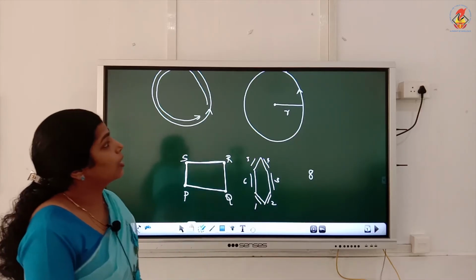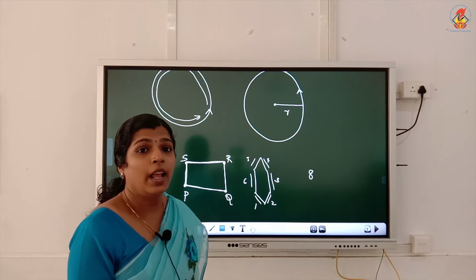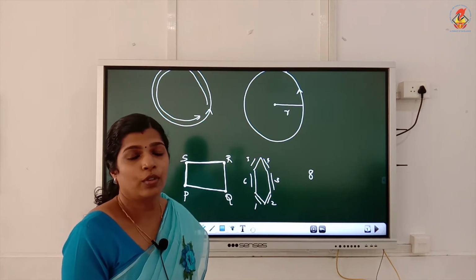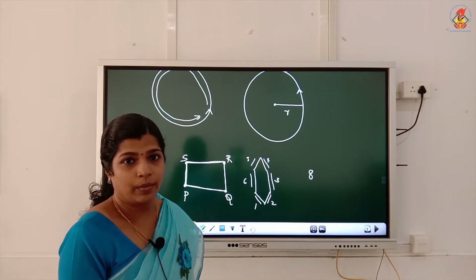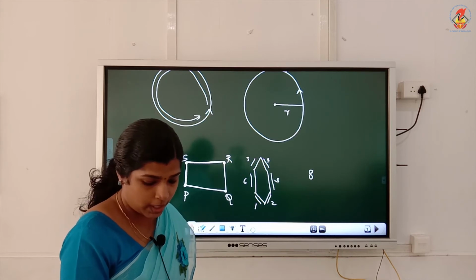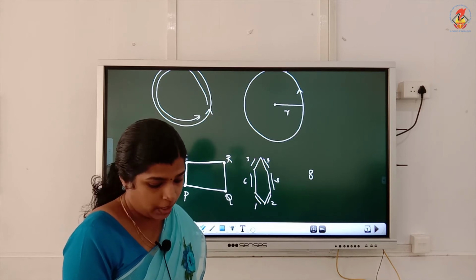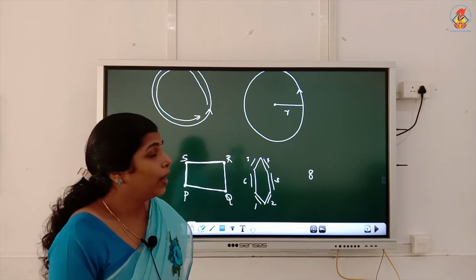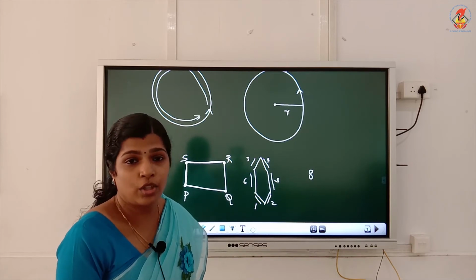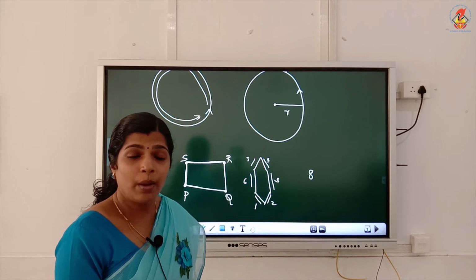So a circle can be considered as made up of n number of points, and the particle will change the direction of motion n number of times.